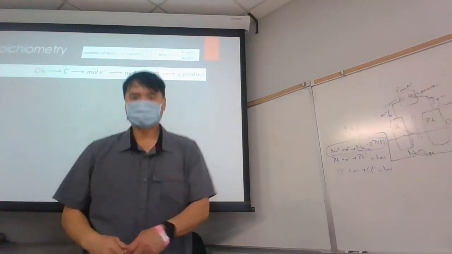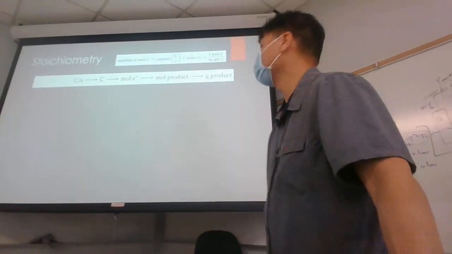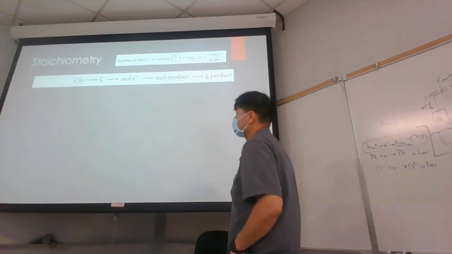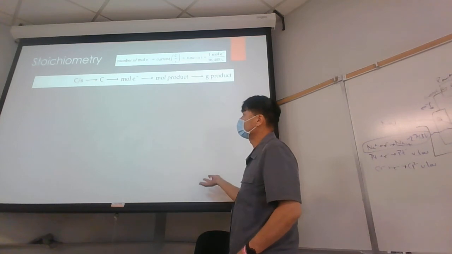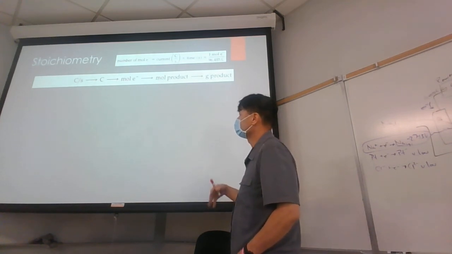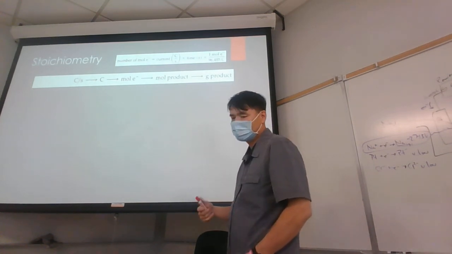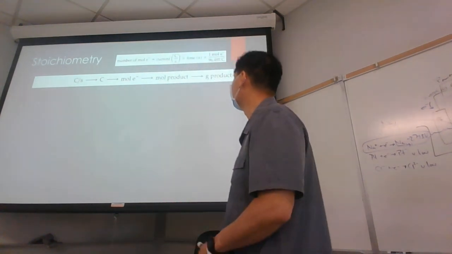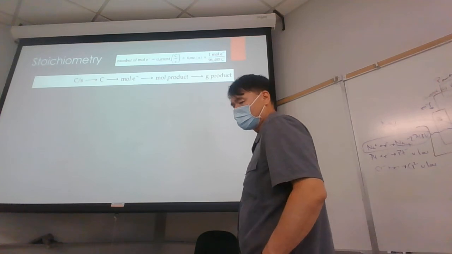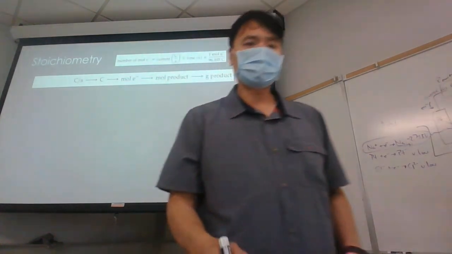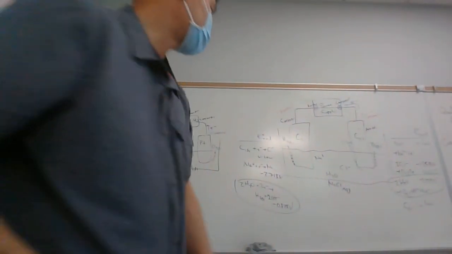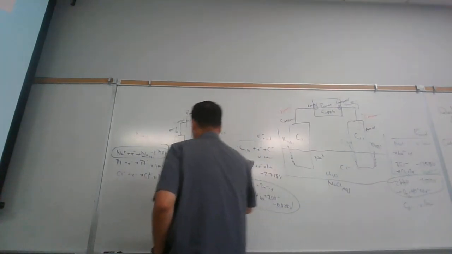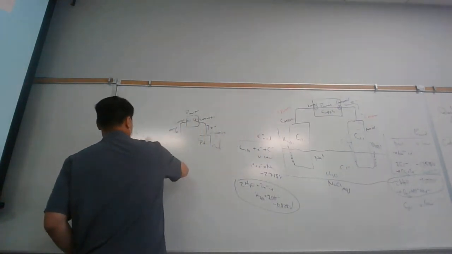We can do some stoichiometry with both types of cells: the galvanic voltaic cell, which is the battery, and the electrolytic cell. As long as we measure something, and that something is time and current, then we can measure amounts of reaction.